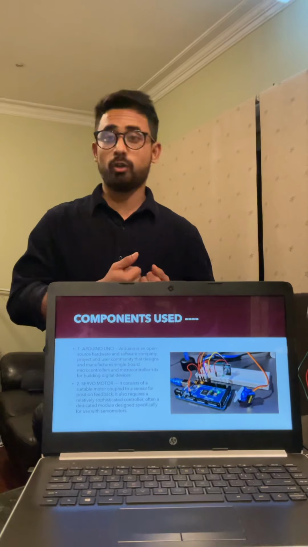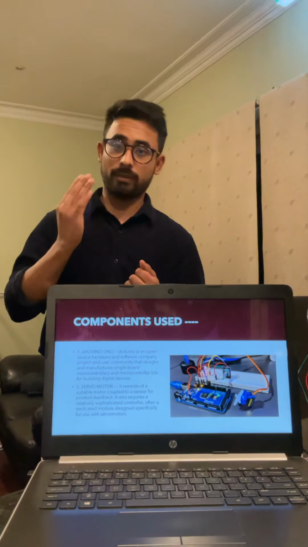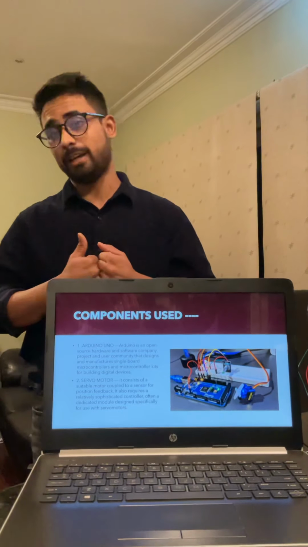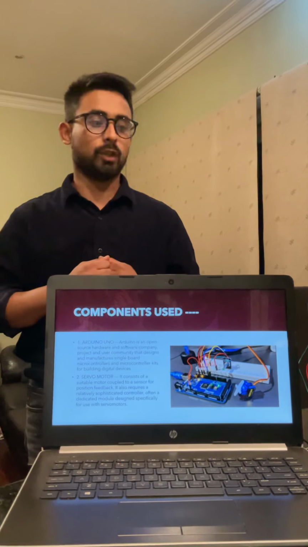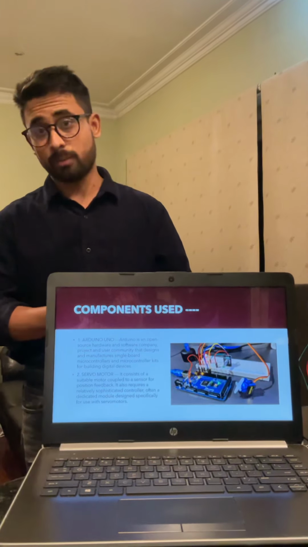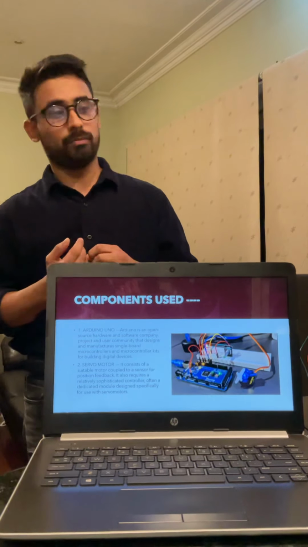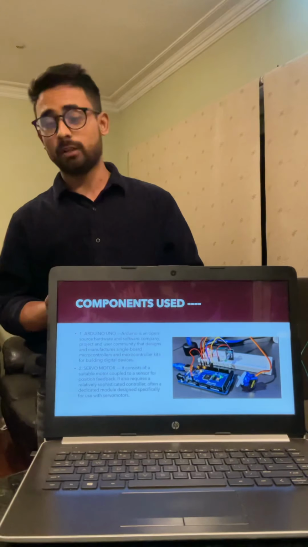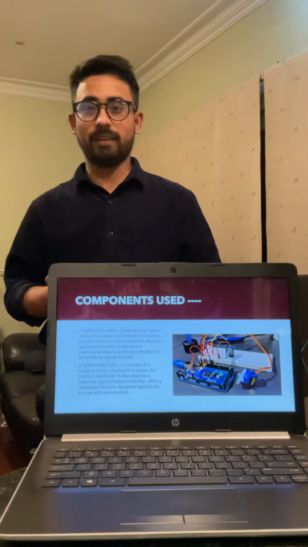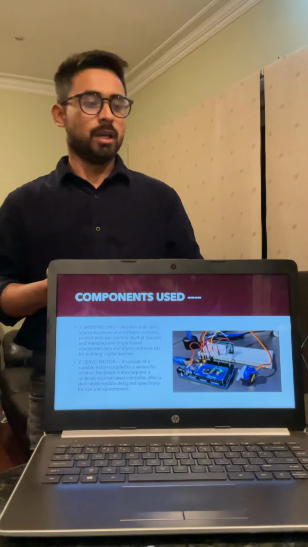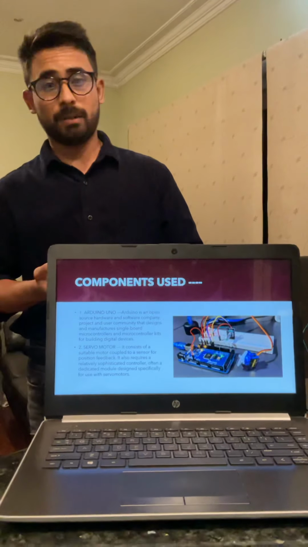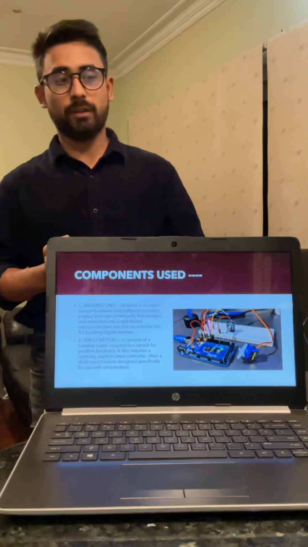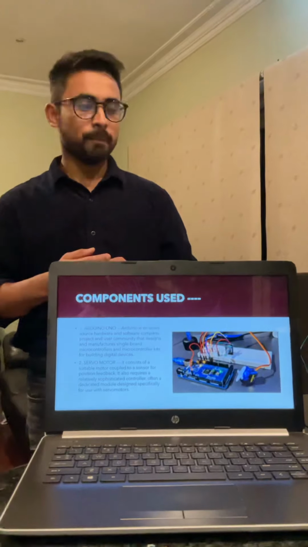I need to use the servo motor because it gets back to the same position where it was after doing the work. So if someone is standing in front of the bin, the bin will open up to a particular angle, and then it will go back to the 180-degree position where it was. That was the main basic component and a very good fit for this project.